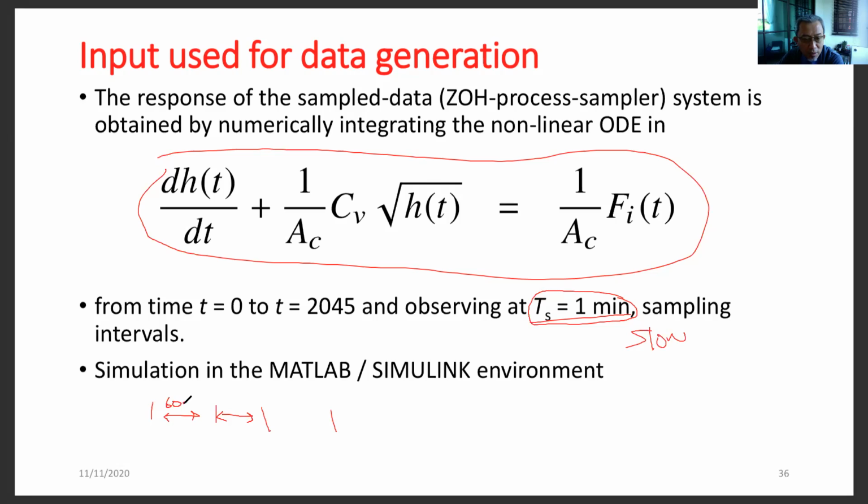The expensive ones are usually for microsecond or millisecond sampling, which is suitable for power electronics and so on. But for process, the sampling is very slow, at 60 seconds. After 60 seconds, one data. After 120 seconds, two data, and so on.